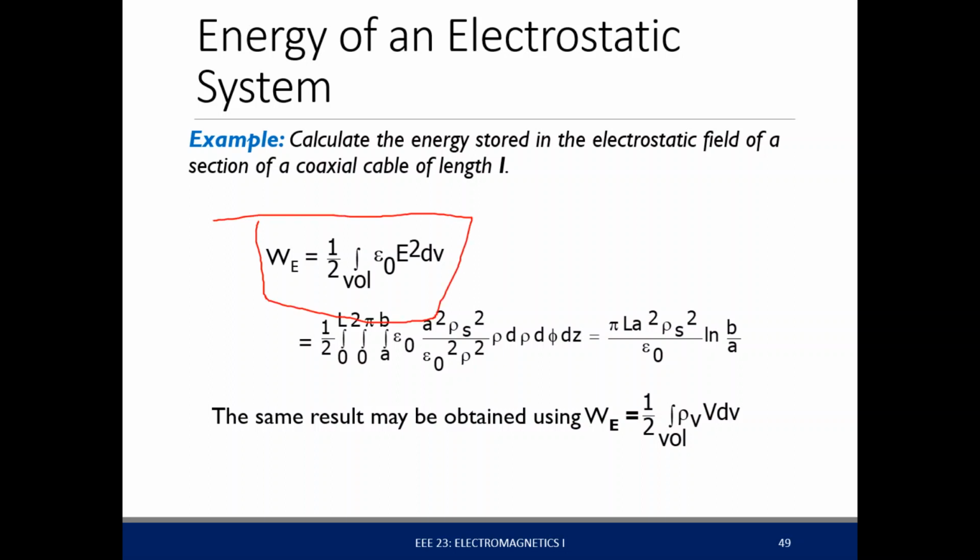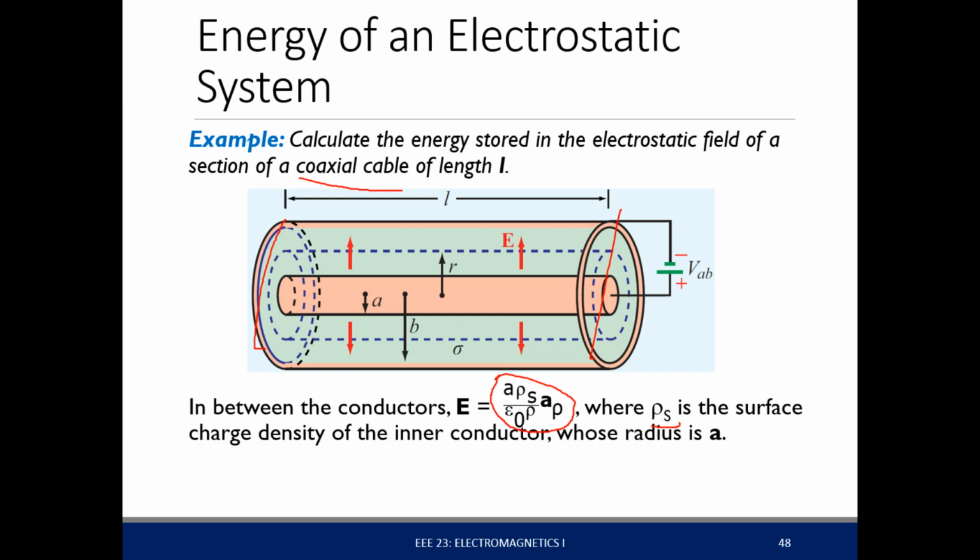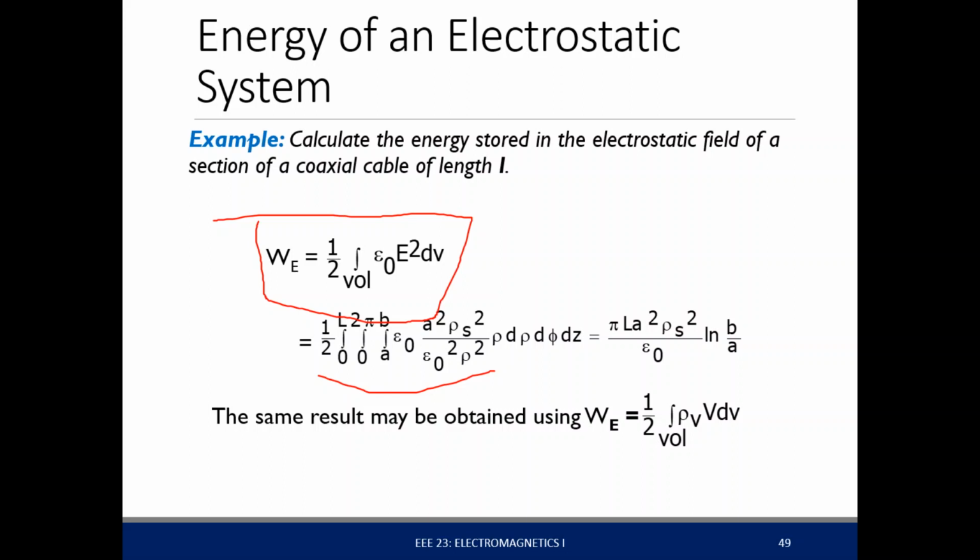So you integrate that, get the magnitude of E, get the square of that, and you'll get this expression here. Using the bounds of the volume, the radius is from a to b, your angle is from 0 to 2 pi, and your z is from 0 to L. So that's where these bounds came from.